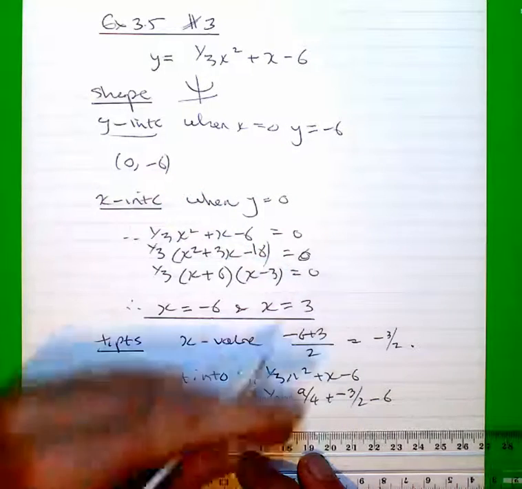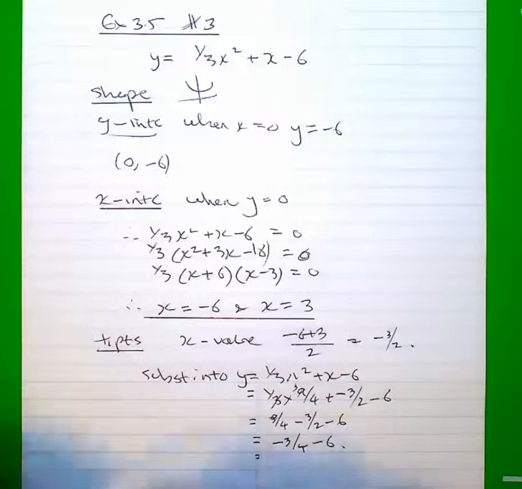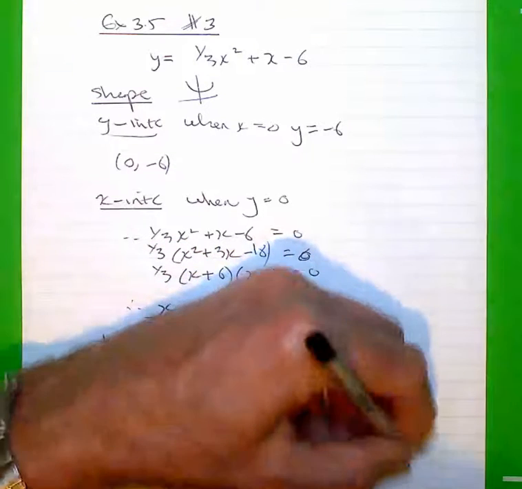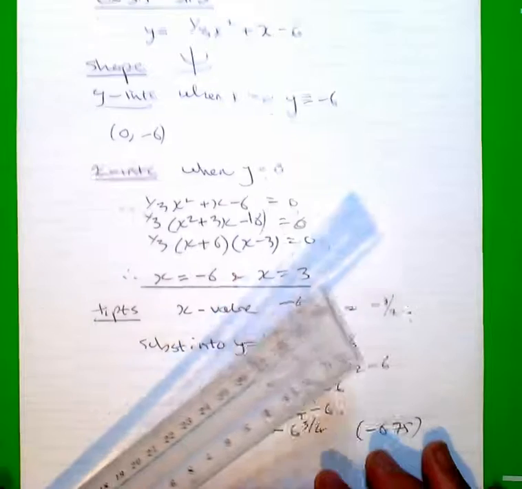When eventually you work that out, that will end up being -6 3/4. I note in the answer is -6.75. So I can then graph it on that basis.